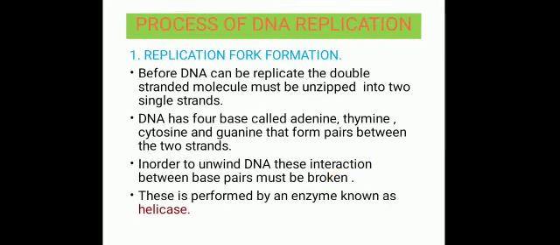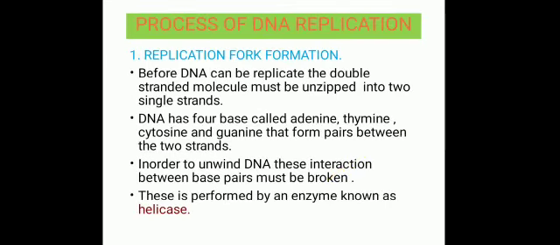First, replication fork formation. Before DNA can be replicated, the double stranded molecule must be unzipped into two single strands. DNA has four bases called adenine, thymine, cytosine, and guanine that form pairs between the two strands. In order to unwind the DNA, these interactions between base pairs must be broken.